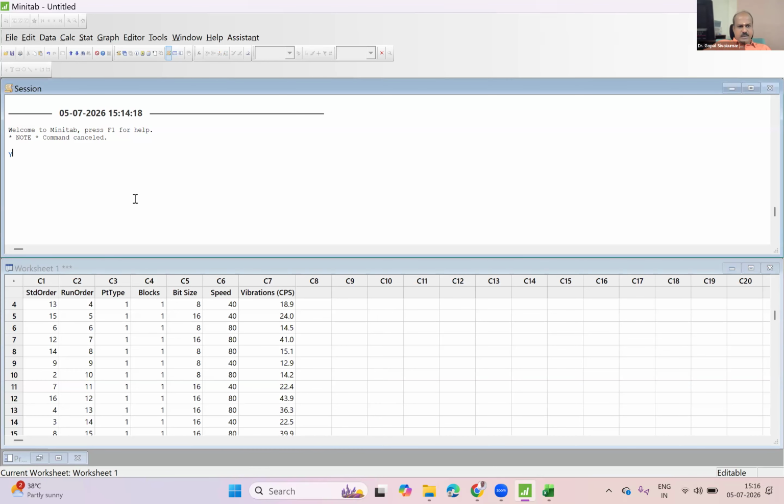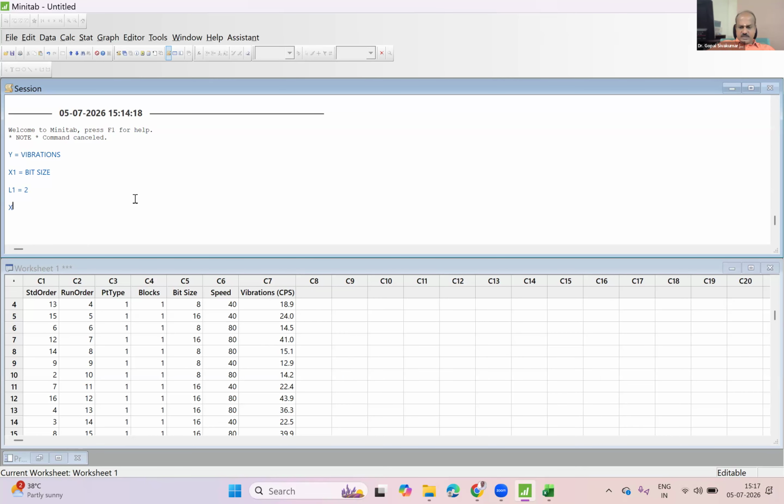And here, what is your y variable? Minimize vibration. One factor, x1, is the drill bit size, and how many levels does it have? Two: 8 mm and 16 mm.